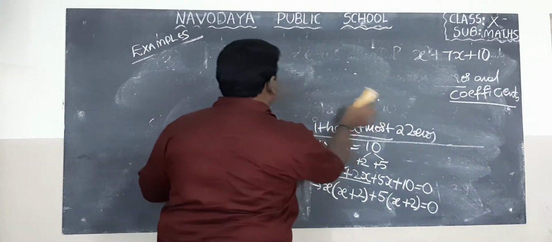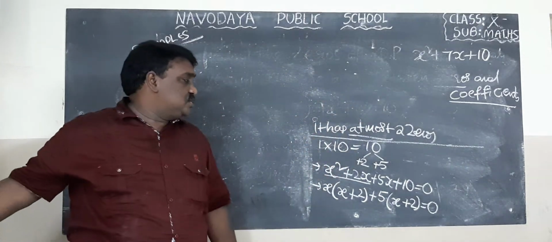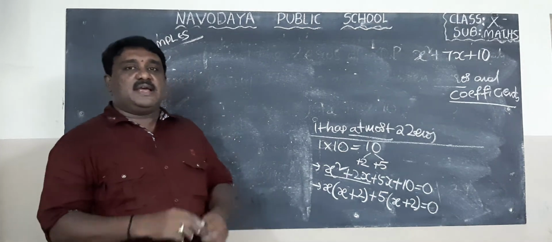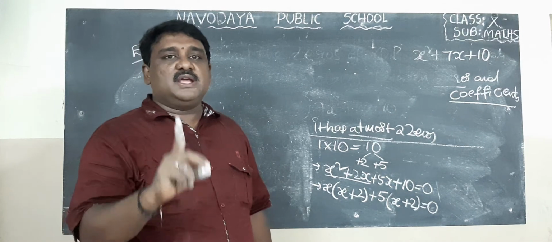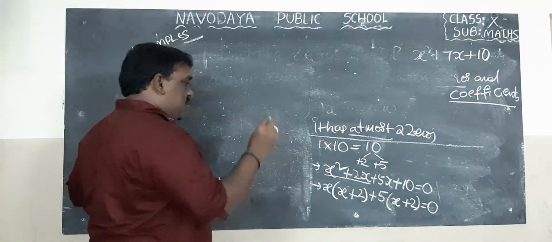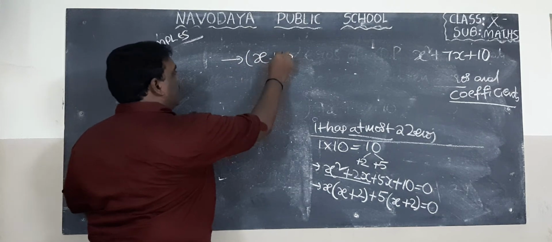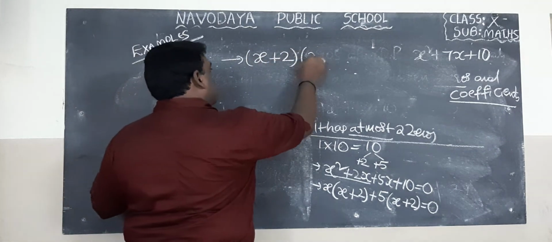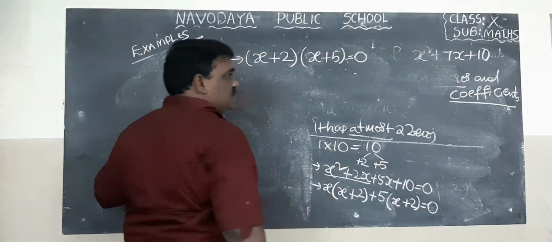First two terms, x common, x plus 2. Last two terms, 5 common, x plus 2. Both the brackets should be same, then only your problem is correct. Then, the terms inside the bracket continue: x plus 2. The terms outside the bracket: x plus 5 equal to 0.